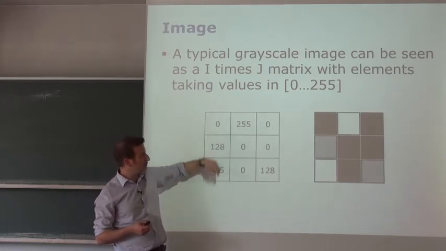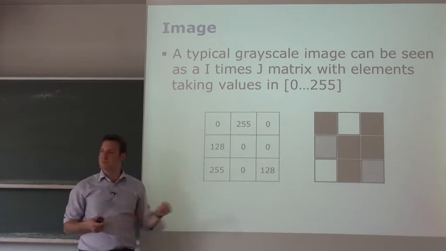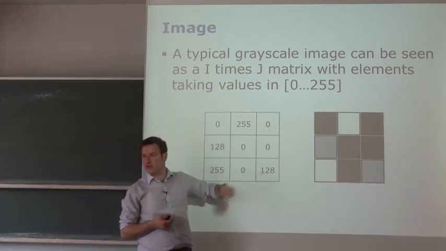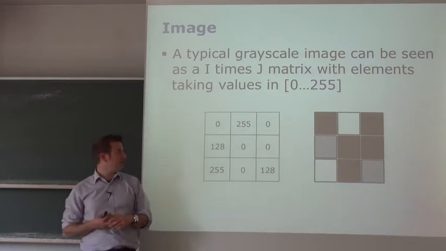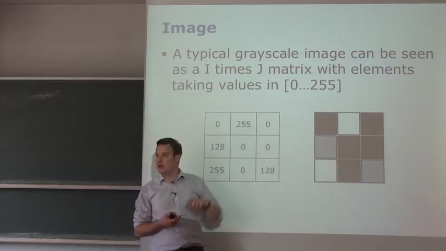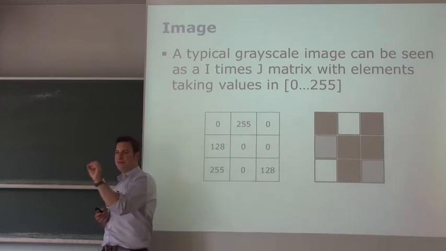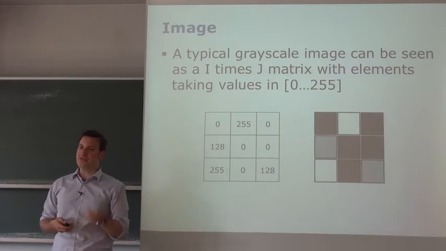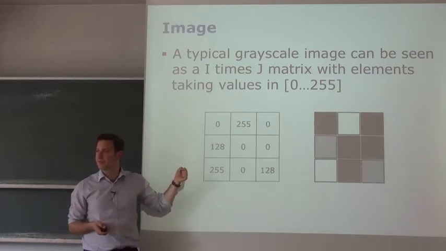Then for 1, 2, 3, 4, 5 until 127 it would be 0. For the value 128, I would get 2 entries. Then zeros again until 255, where we get a 2 again. So it would be 5, a couple of zeros, 2, a couple of zeros, and 2. That would be the histogram of this image.